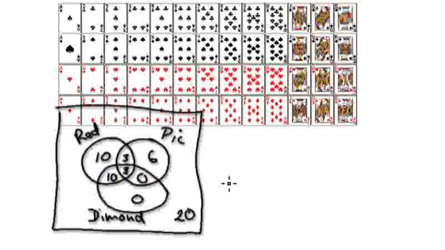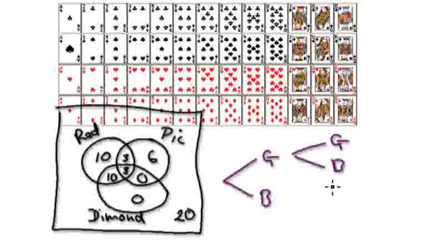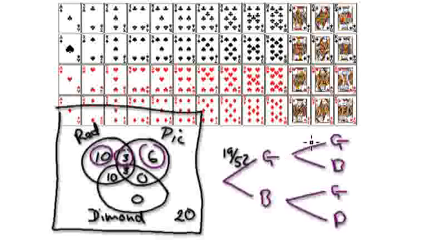So now you would jump to your tree diagram because you're picking out 2 cards. So let's say good, bad, good, bad. Now the probability of you picking a good card would be all these here, so that would be 19 over 52. The probability of you picking another good card after picking out a good card would be 18 over 51.